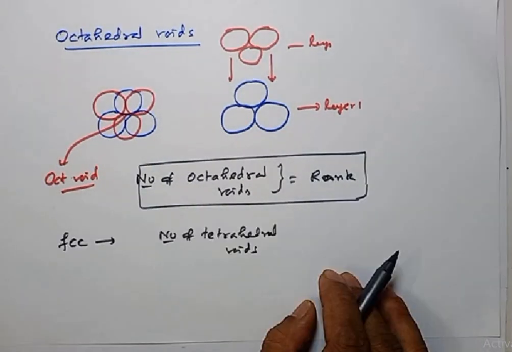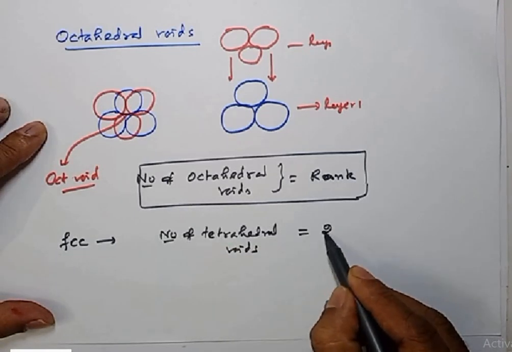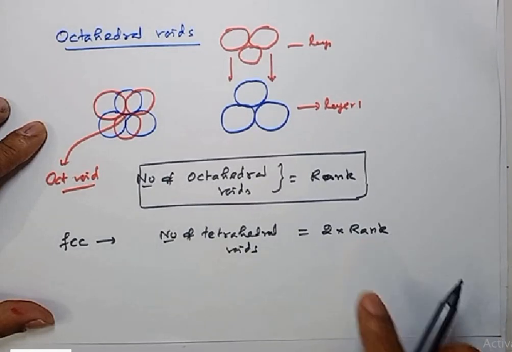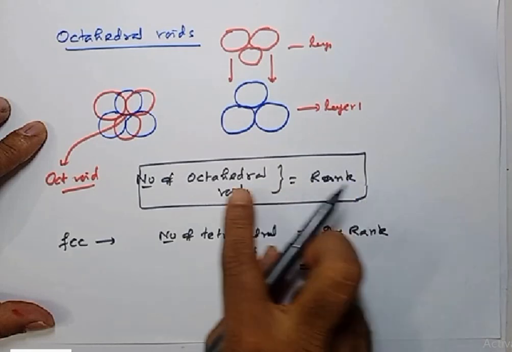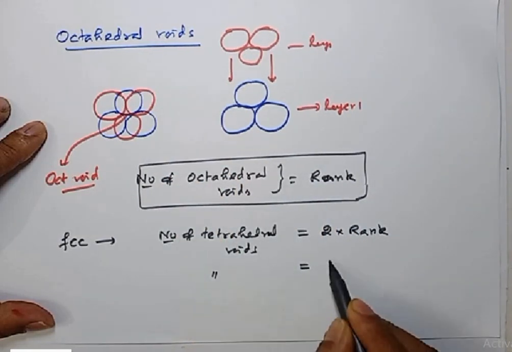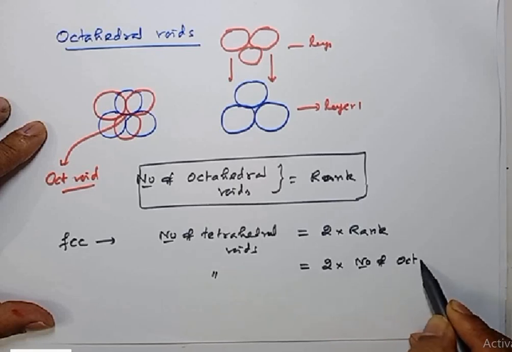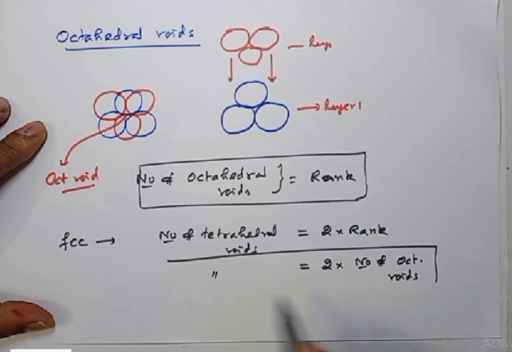See, number of tetrahedral voids is equal to 2 times rank. Rank means number of atoms per unit cell. According to this formula, rank is equal to number of octahedral voids. So number of tetrahedral voids is equal to 2 times number of octahedral voids. We can write like this. Take note.